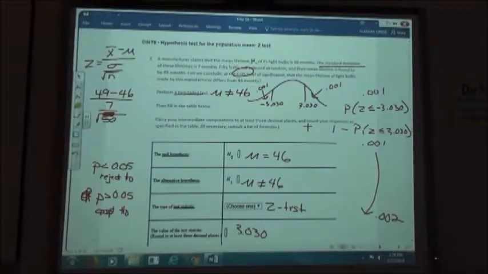The sample mean was 49. The number 50 is how many light bulbs we tested. Whoops, I got to do 50. We did differ, so we did does not equal. So you'll notice you have choices of does not equal, is less than or greater than. We want to do the does not equal, so highlight that and enter.